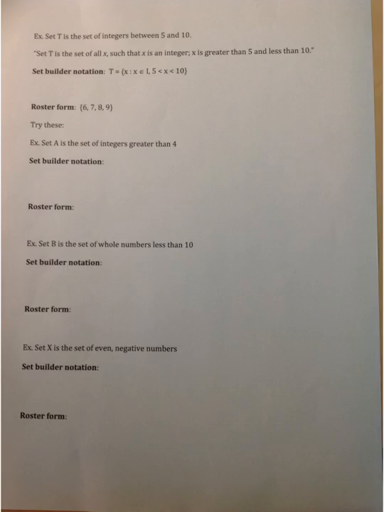The next page. So here's an example. Set T is the set of integers between 5 and 10. And this is how we would say this. Set T is the set of all X, that's your first X, such that, that's your colon.